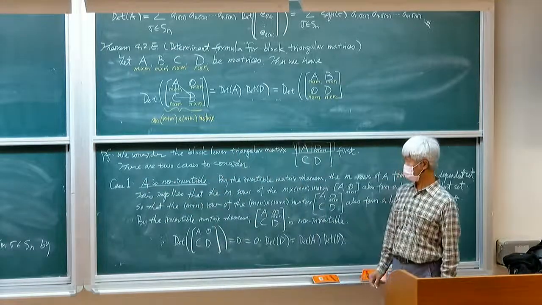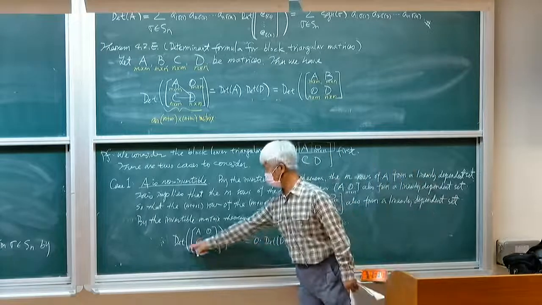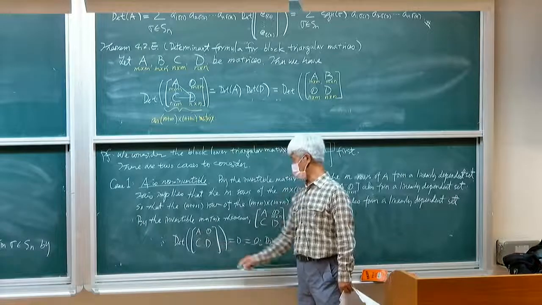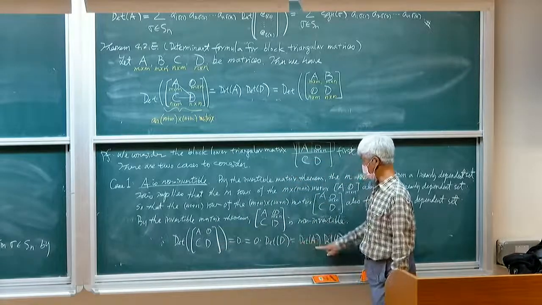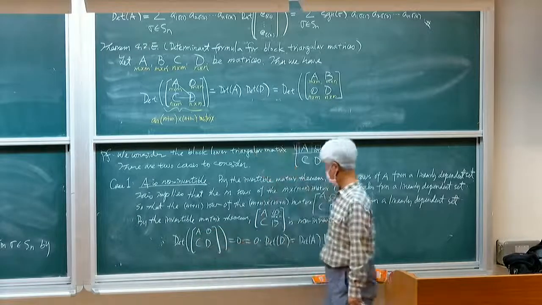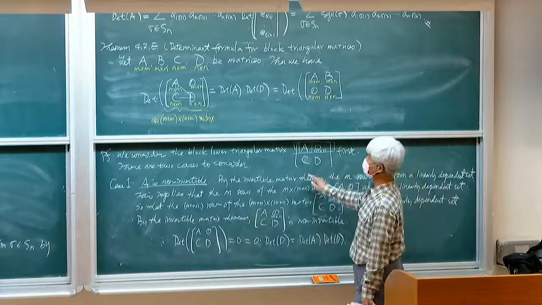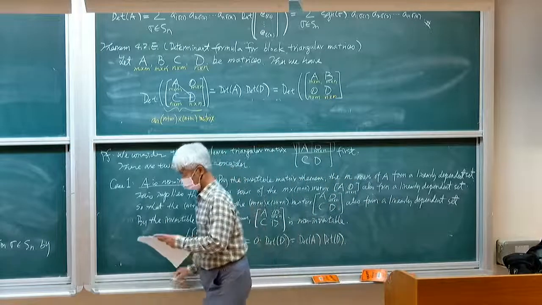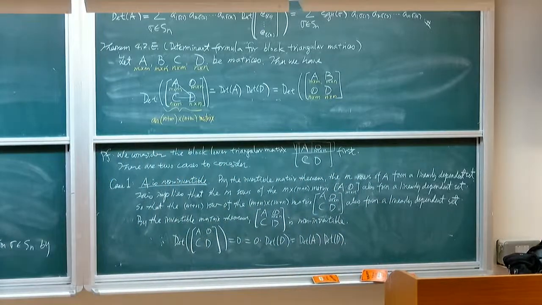So when A is non-invertible, we establish that the determinant of this lower triangular matrix is equal to the product of the determinants of A and D. Okay, right. So that is the first case. How about the second case?